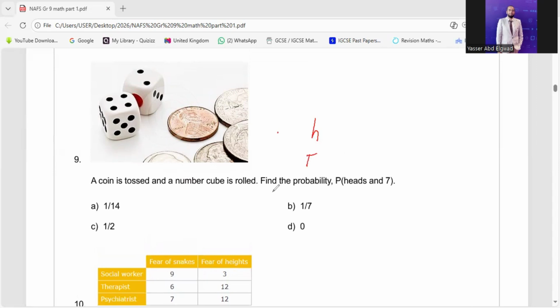And the number cube we have 6 sides: 1, 2, 3, 4, 5, 6. But the probability of heads and 7, we don't have a 7 in the cube. This means no probability, which means 0. The answer is 0.